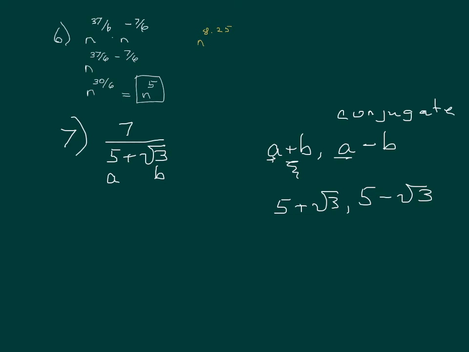So in this case, we're going to put parentheses, and we need to get rid of that radical in the denominator, and we're going to do that by multiplying by its conjugate, top and bottom.